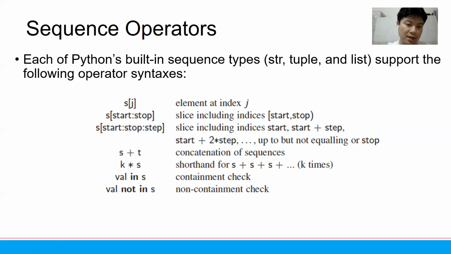K multiplied by S: if I have an S, which is a tuple or a list, and you want to multiply it with K, where K is a number, then K will be multiplied with the elements in S. If you want to check whether a value is in S or not in S, then you can use this one.